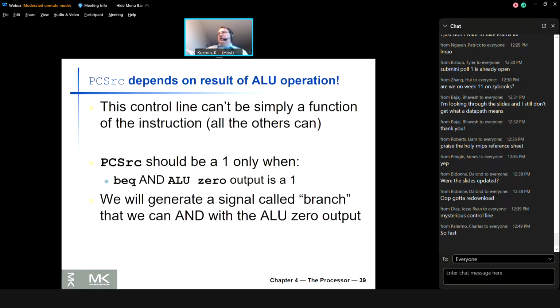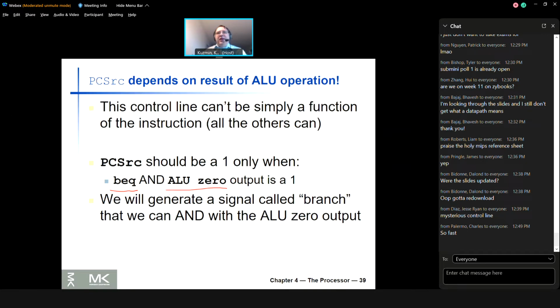All right, so that's something that we just talked about. PC source depends on the result of the ALU operation. So we need the BEQ signal that indicates whether the instruction is BEQ or not, and the ALU zero output. And we have seen there's this little AND gate that generates this control signal.